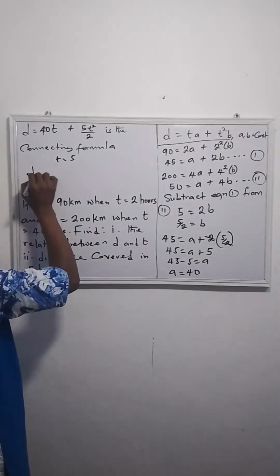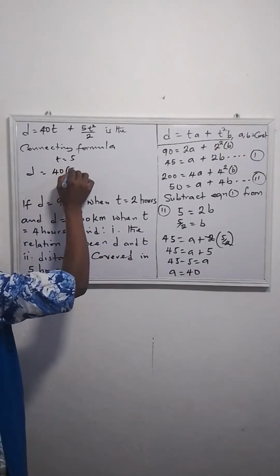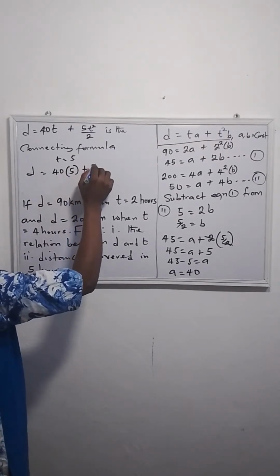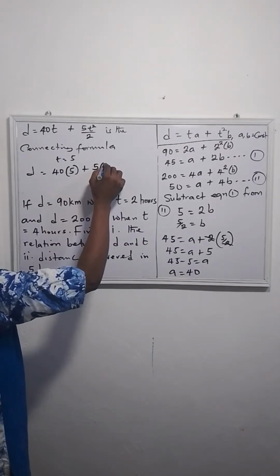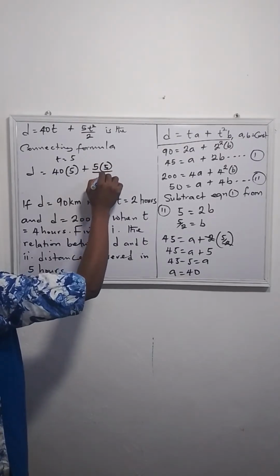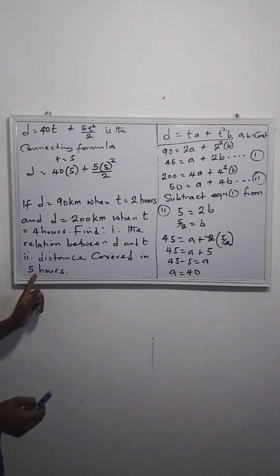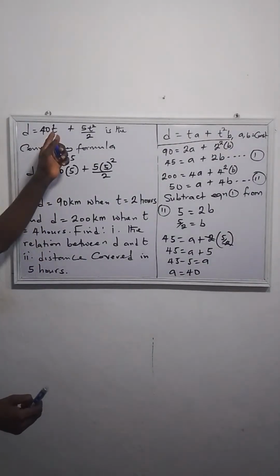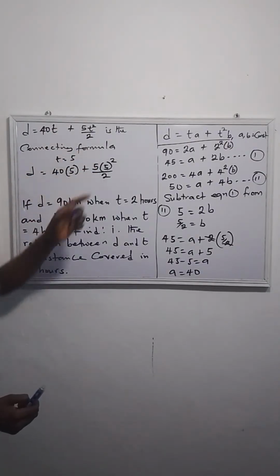So we have d will be equals to 40 times 5 plus 5 times 5 squared over 2, because t is 5. So we just substitute 5 for t.